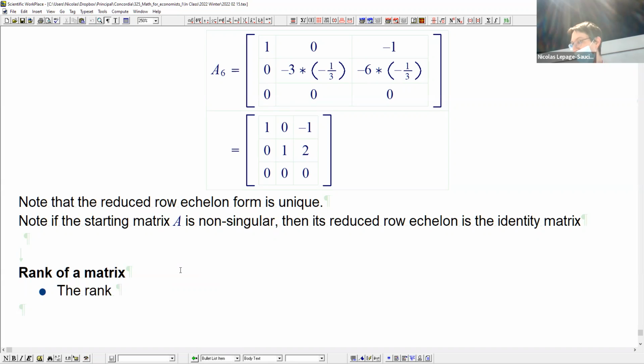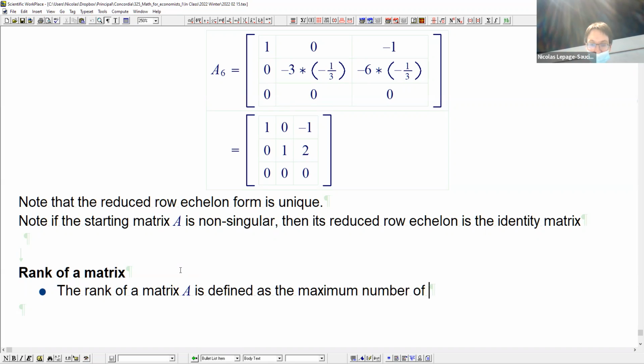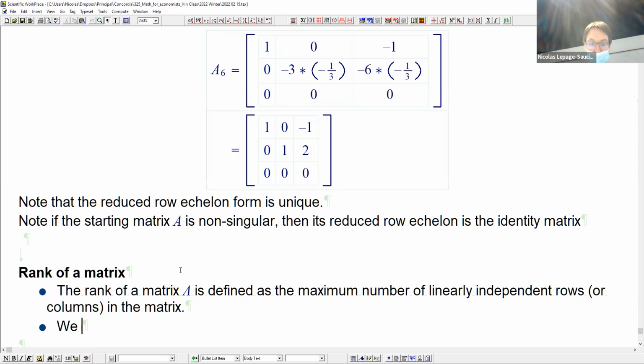The rank of a matrix A is defined as the maximum number of linearly independent rows or columns in the matrix. And we note it R of A.